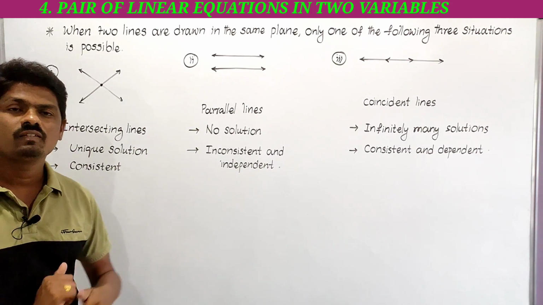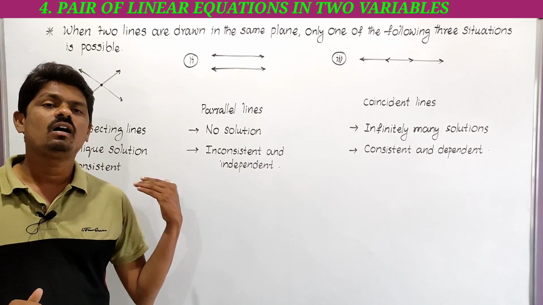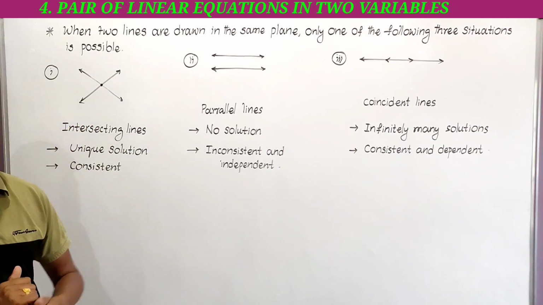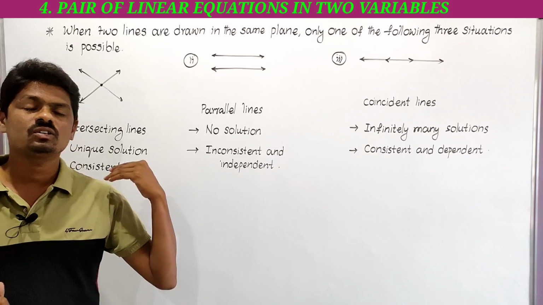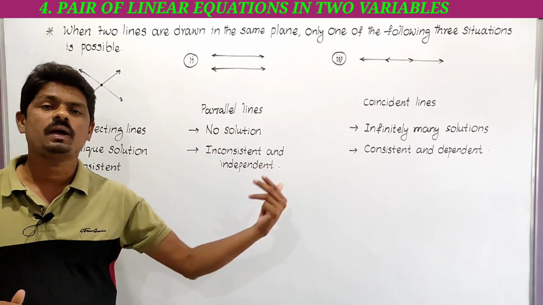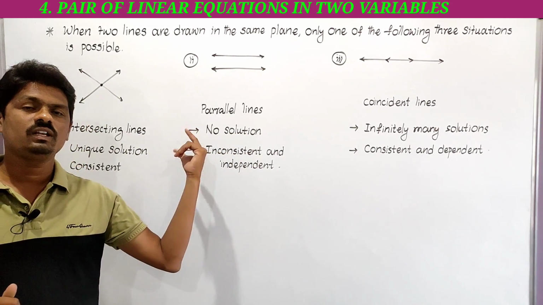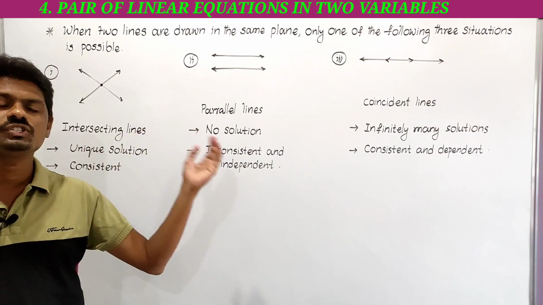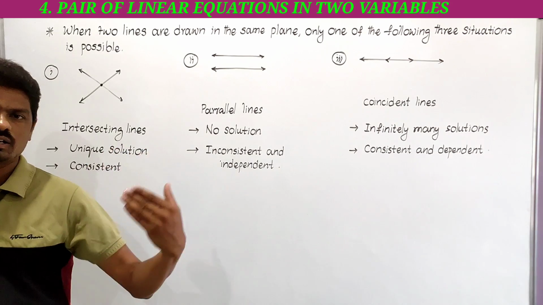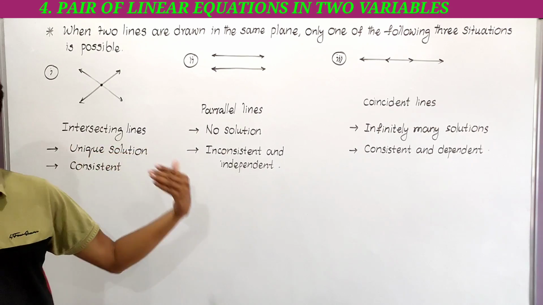So by checking the ratios of the coefficients of the given pair of linear equations, we can say whether they are consistent or inconsistent, intersecting, parallel or coincident.